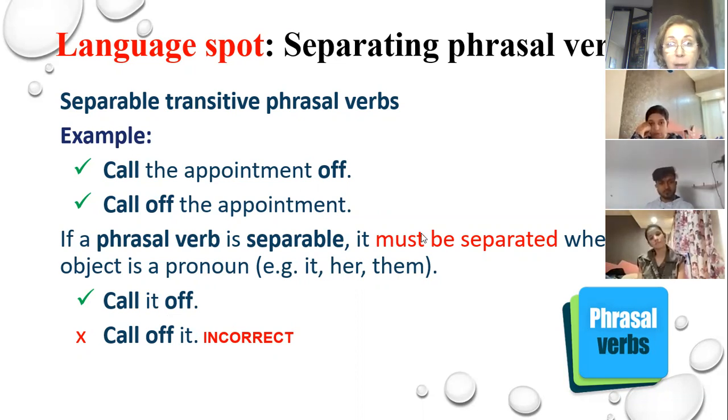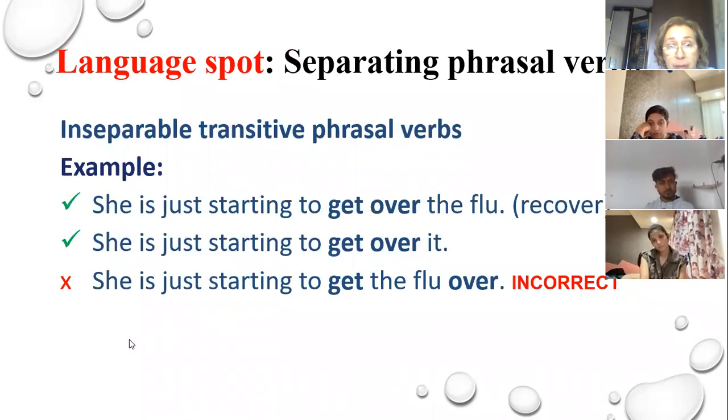And the information about inseparable transitive phrasal verbs, an example, is given here. She is just starting to get over the flu. It means starting to recover. You see the phrasal verb get over, and the flu is used after the phrasal verb.